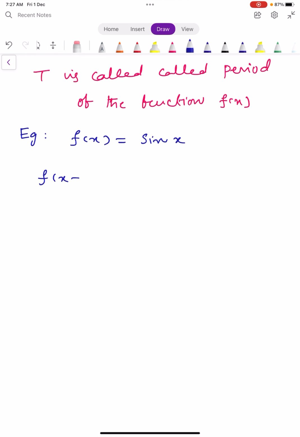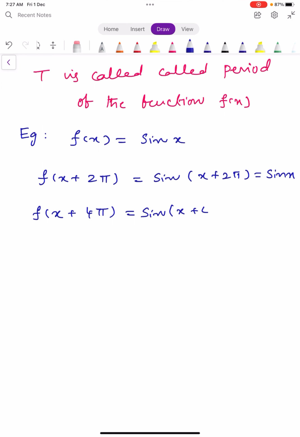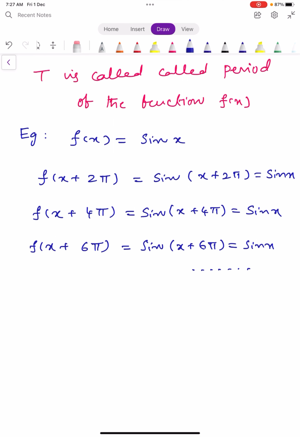Now f of x plus 2 pi, obviously sin of x plus 2 pi gives you sin x. f of x plus 4 pi gives sin of x plus 4 pi, which is again sin x. f of x plus 6 pi, it means sin of x plus 6 pi, again you get sin x, and so on.